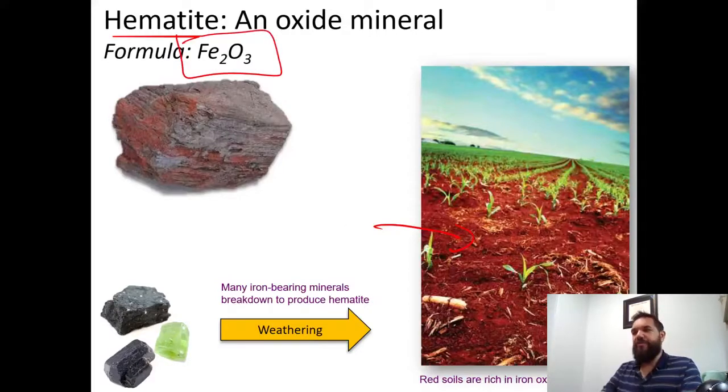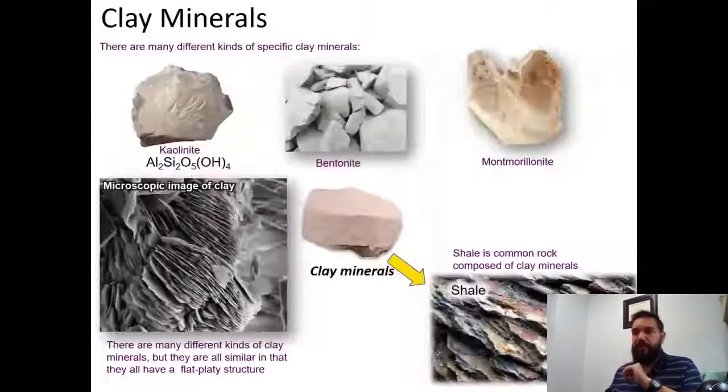Okay. So many of these iron-bearing minerals like pyroxene, olivine, amphibole, when they weather and break down chemically, they create hematite. Okay. So just like clay is a weathering product of feldspar, hematite is a weathering product of iron-bearing minerals like olivine and amphibole and pyroxene.